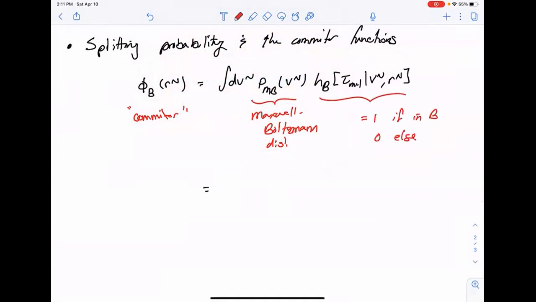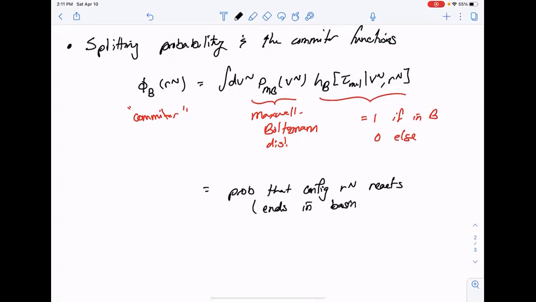It's being averaged over a distribution of velocities. And so it is the probability that a specific configuration, R to the n, reacts after some short amount of time, tau mol.